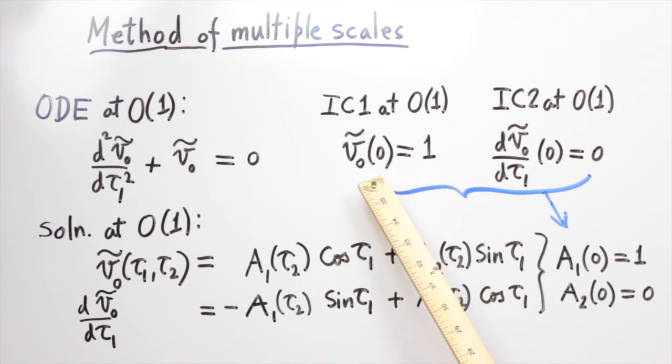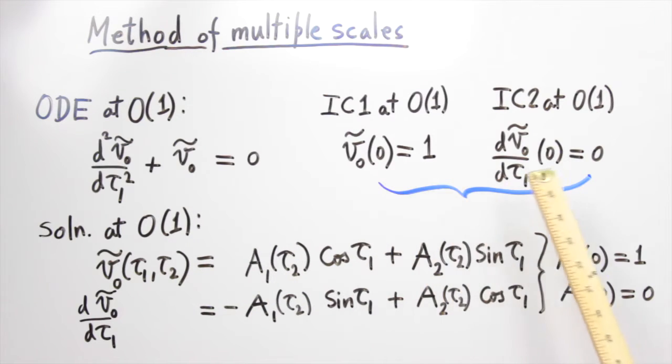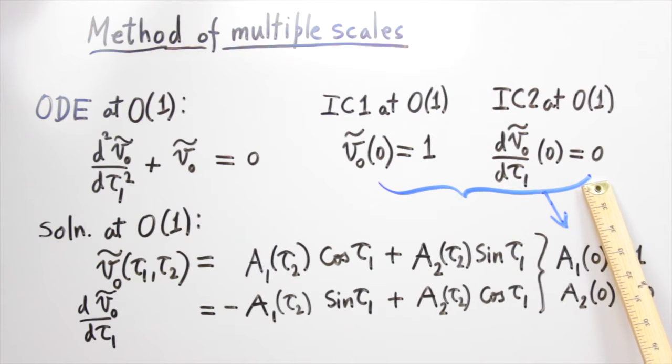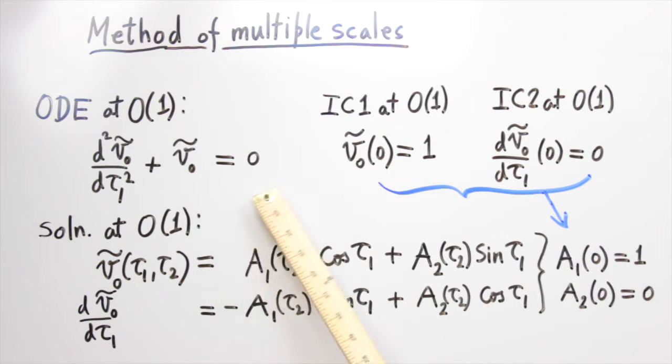Initial condition: displacement at time 0 is equal to 1 and the velocity is equal to 0. And so we can obtain the solution at this stage as the linear combination of cosine and sine functions with respect to the fast time, times coefficients, which of course depend on the slow time tau 2.